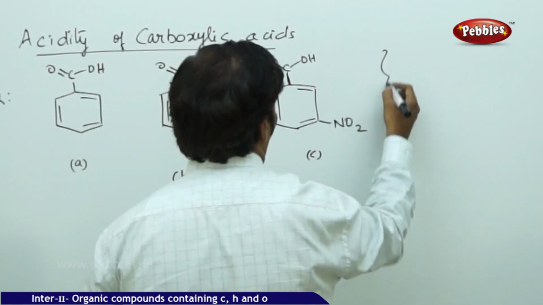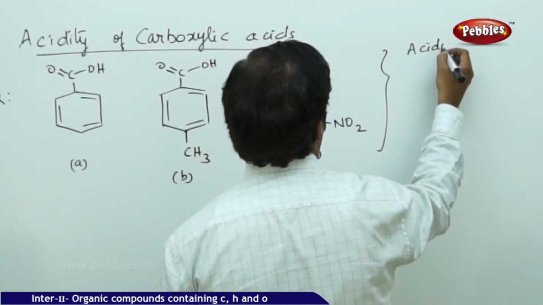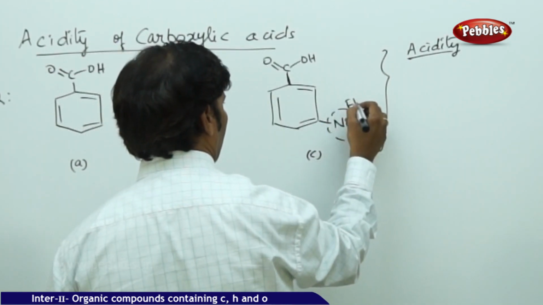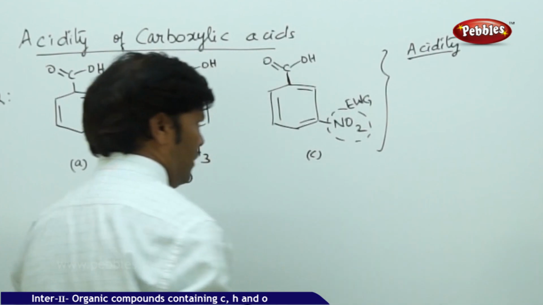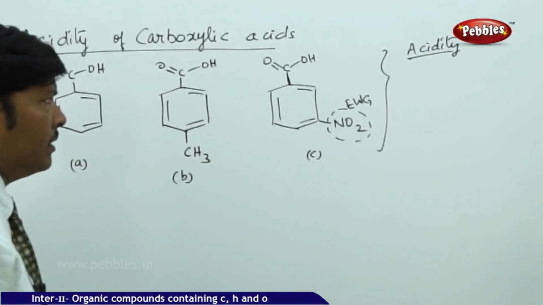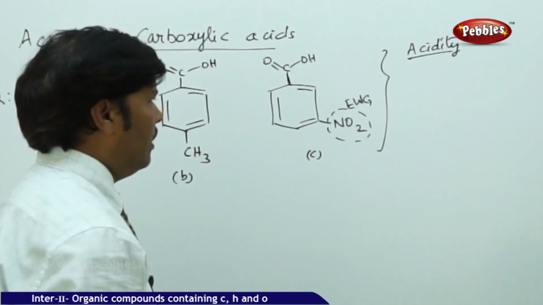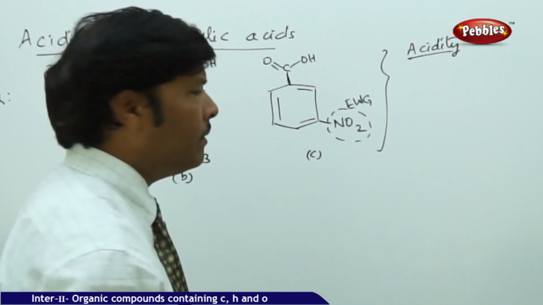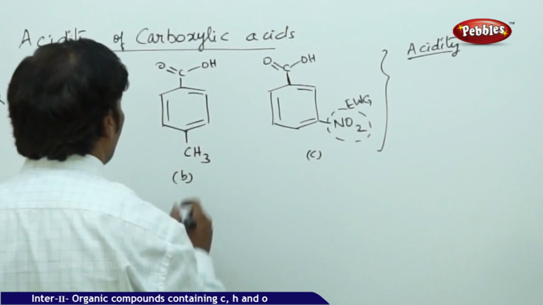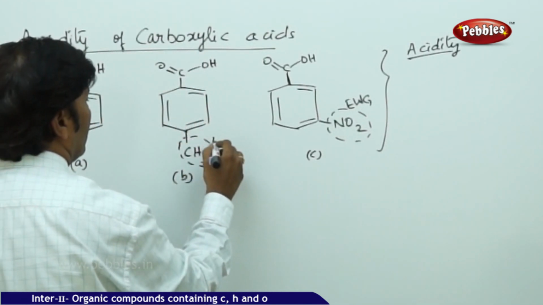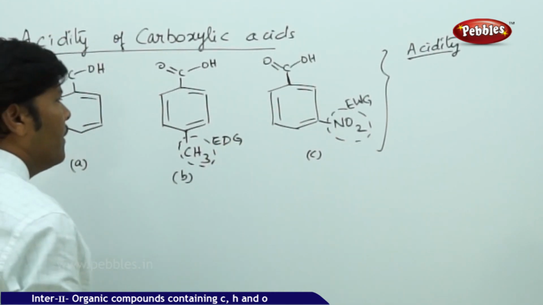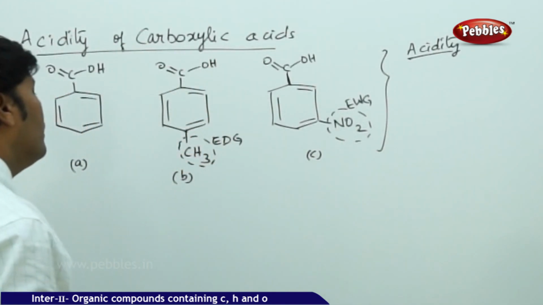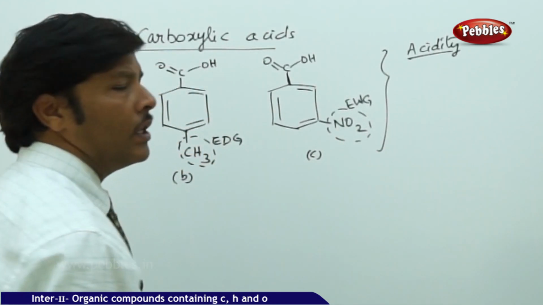How do you measure the acidity? This nitro is an electron withdrawing group, so it is going to deactivate the benzene nucleus and stabilize the ring. Therefore the release of proton becomes easy in the case of the electron withdrawing group. The methyl is an electron donating group, so it destabilizes, and it becomes difficult for the aromatic carboxylic acid to release the proton.